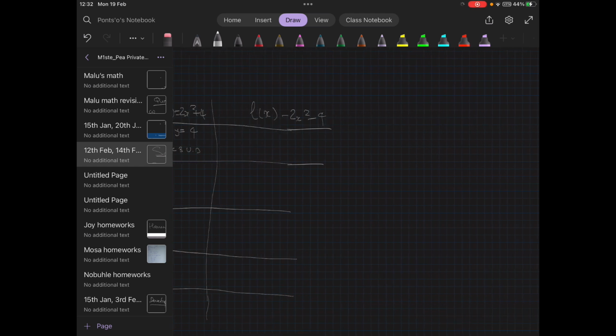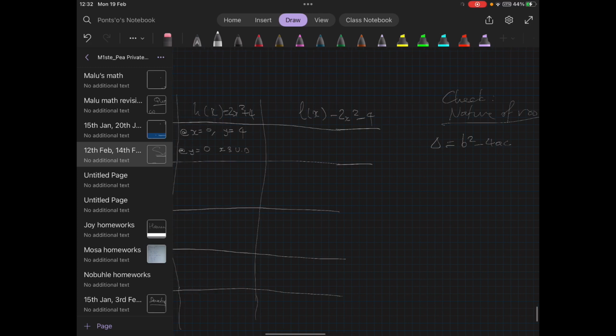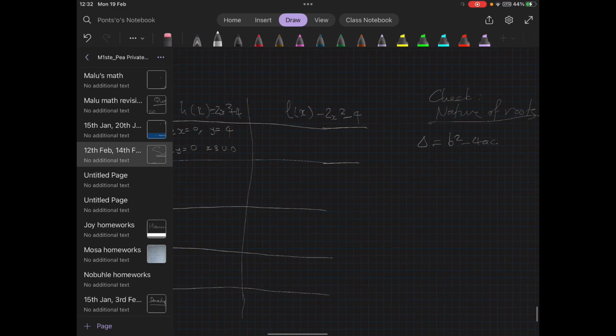Alright, so we're gonna check with nature of roots. And we use b squared minus 4ac or delta, right? Now we check for the first equation.